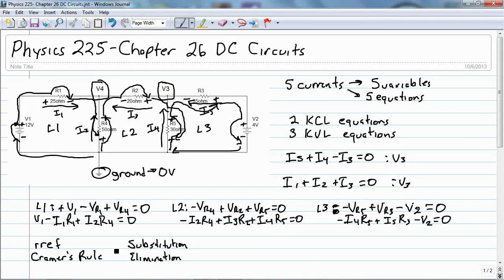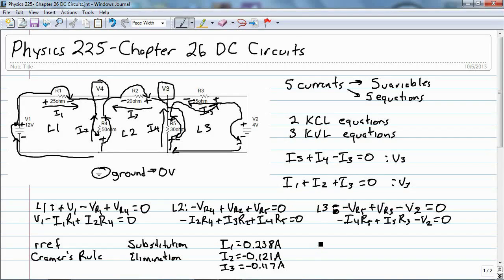Now, once you solve the currents in this form, I get I1 is equal to 0.238 amps. I2 is equal to negative 0.121. I3 is equal to negative 0.117 amps.